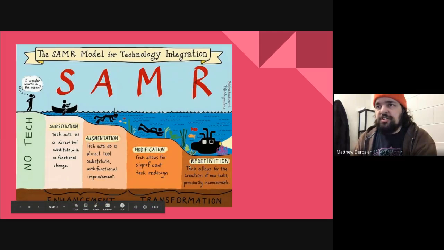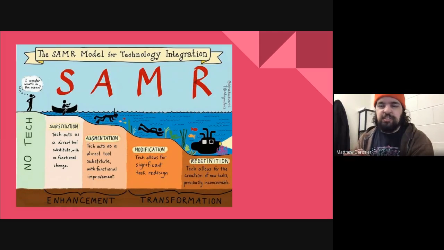And then redefinition is even one step further than that, where you wouldn't even plan around the task. You wouldn't even think that it was within the realm of possibility that we could be doing this in a school district.